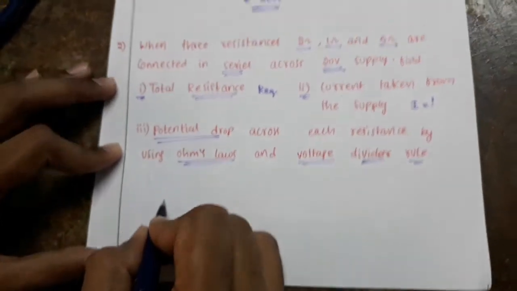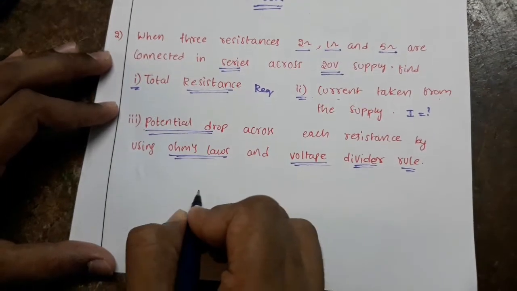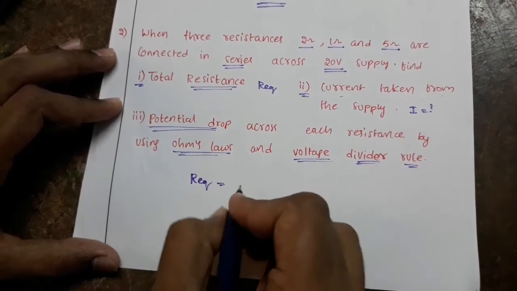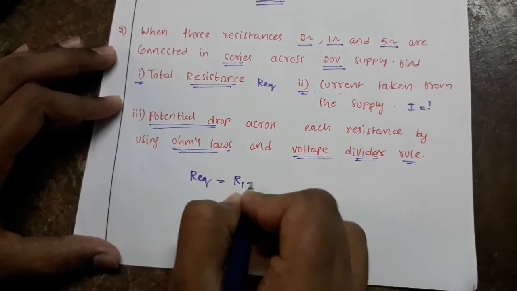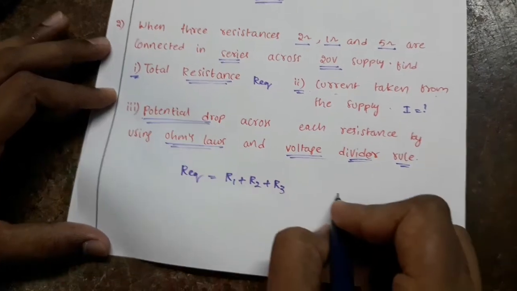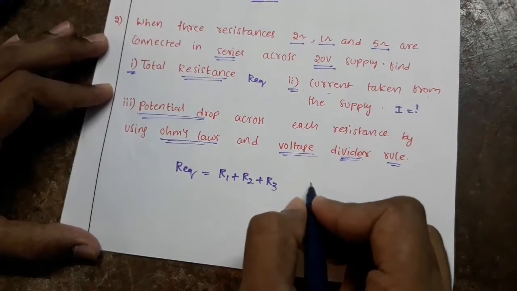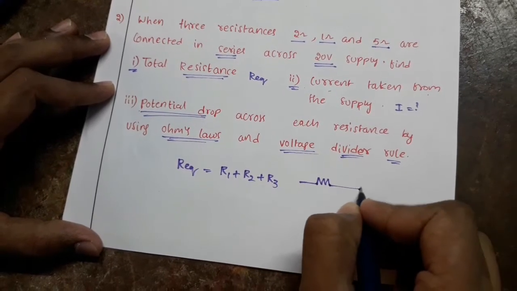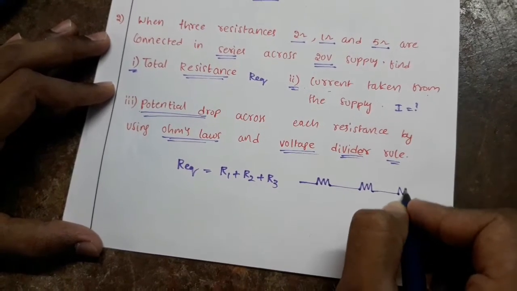So coming to the total resistance, R equivalent equal to sum of individual resistance, that is R1 plus R2 plus R3. Before that, I am drawing circuit diagram for this. We have three resistances connected in series. This is R1, this is R2 and this is R3.